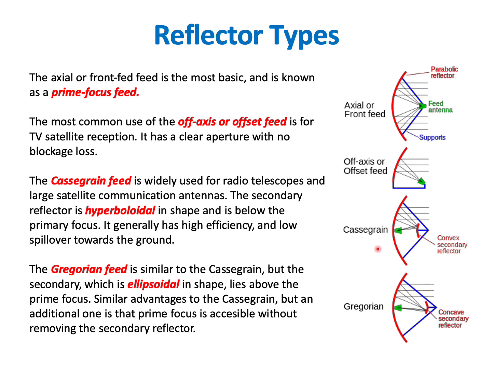The main difference between them is with the Gregorian system, the focus is in front of the subreflector, whereas with the Cassegrain, the focus is behind the subreflector. So you actually still have access to the focus in a Gregorian system, which is quite useful if you want to put a prime focus feed temporarily in front of the subreflector. You can do that with a Gregorian, you can't do that with a Cassegrain system.